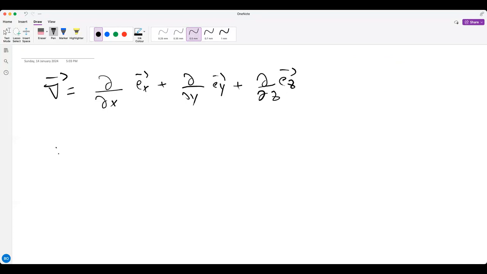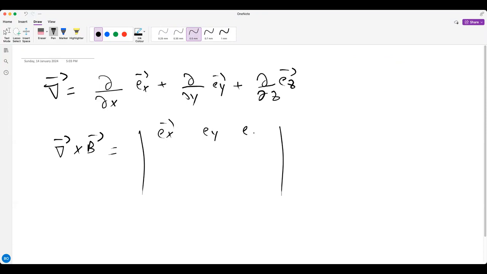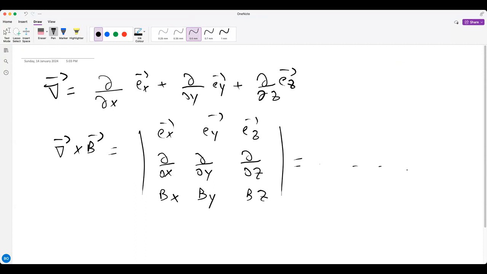If you apply this to a vector, you will just calculate using the components of the vector, bx, by, bz, and then you can do the calculation.